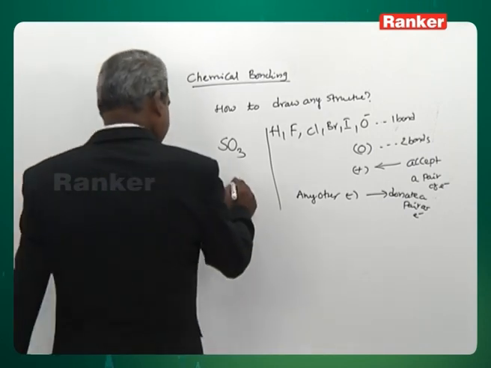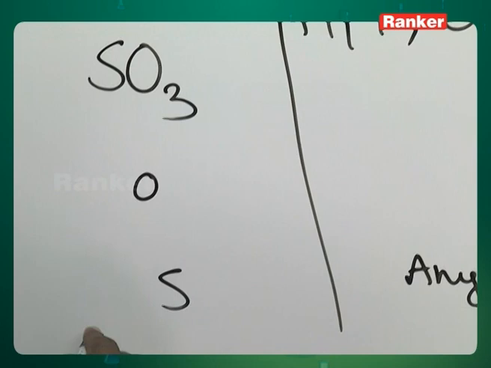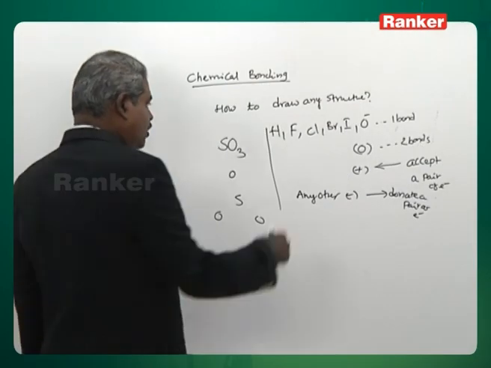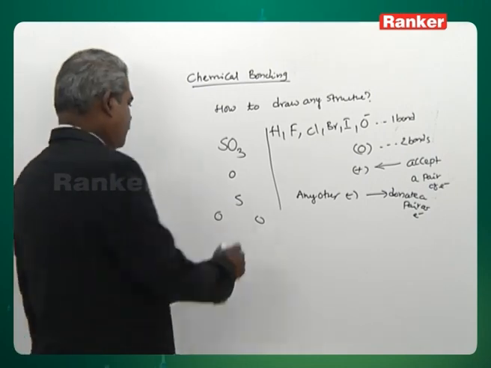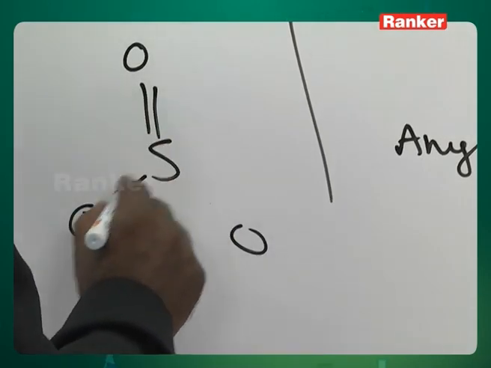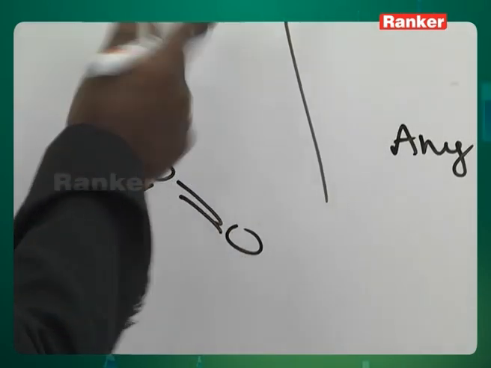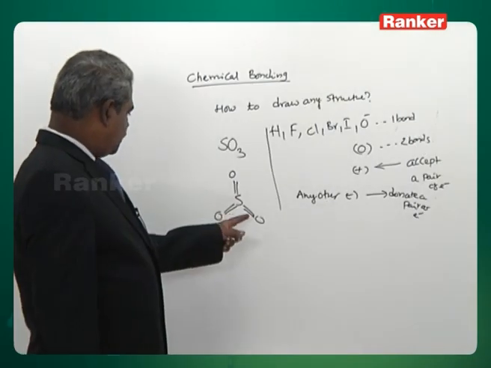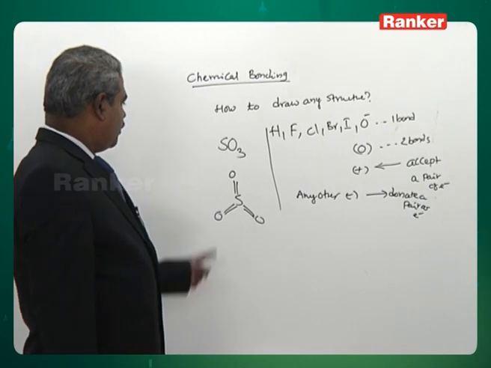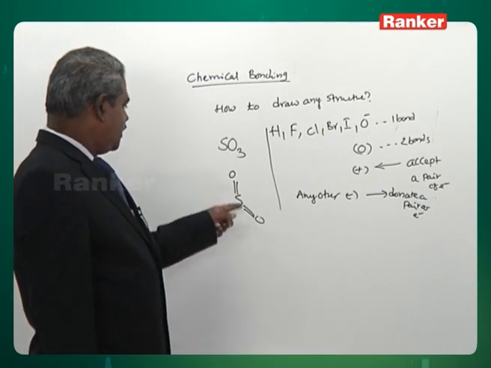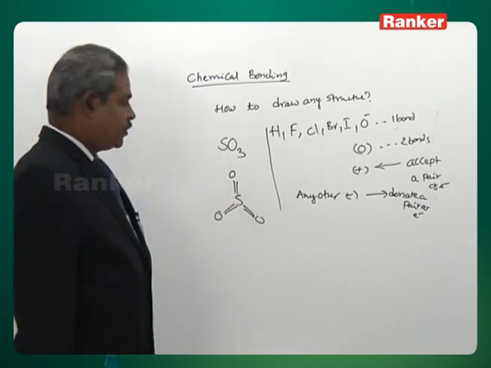And 3 oxygens. What is the role of oxygen? We already discussed. Oxygen forms two bonds. Now we have got 3 sigma and 3 pi bonds. SO3: 1 sulfur, 3 oxygens, each of them forming 2 bonds.